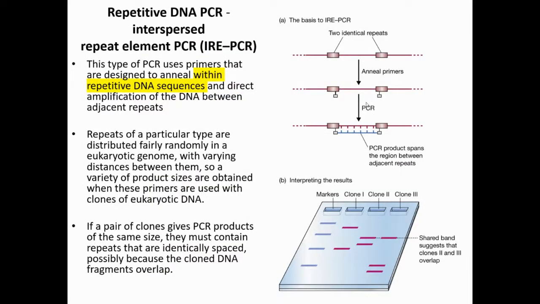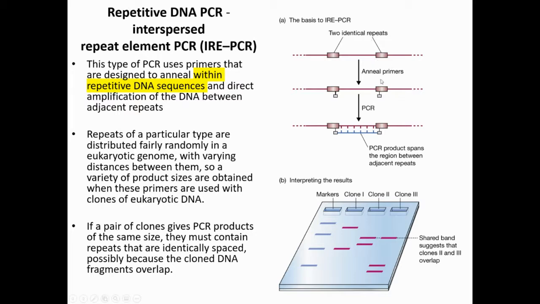And repetitive DNA PCR, or interspersed repeat element PCR, i.e. IRE-PCR, is a type of PCR that uses primers designed to anneal within the repetitive DNA sequence, all right? And it directs the amplification of the DNA between the adjacent repeats.